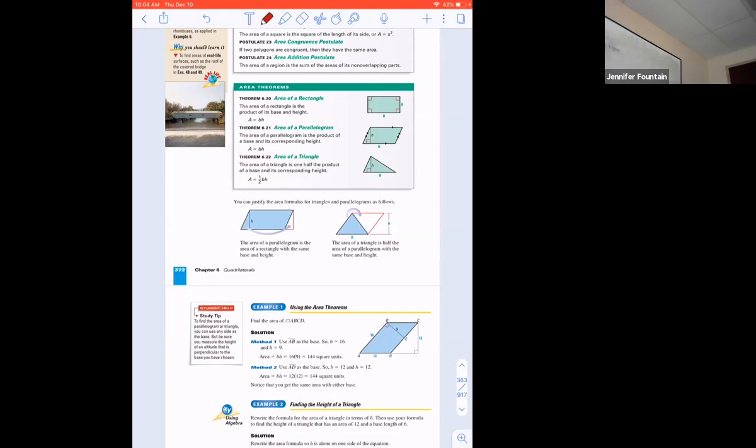You just have to use it in your formula section. So if you don't have that little flap in the back of your book, you may want to get a sticky note so you can always refer back to that. Or you write it in your blue folder that I gave you, and then you've got it in there too.